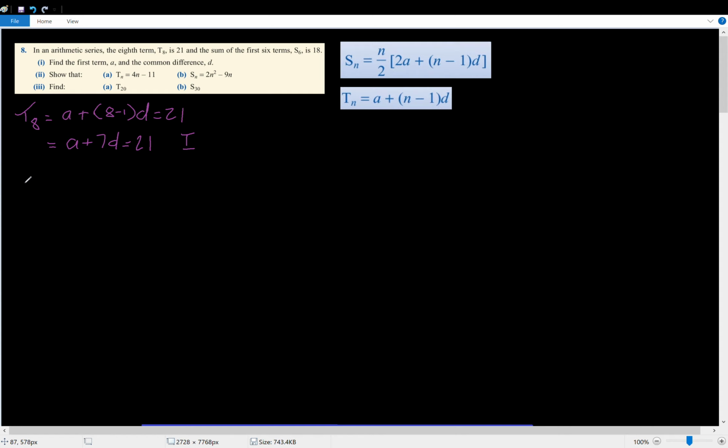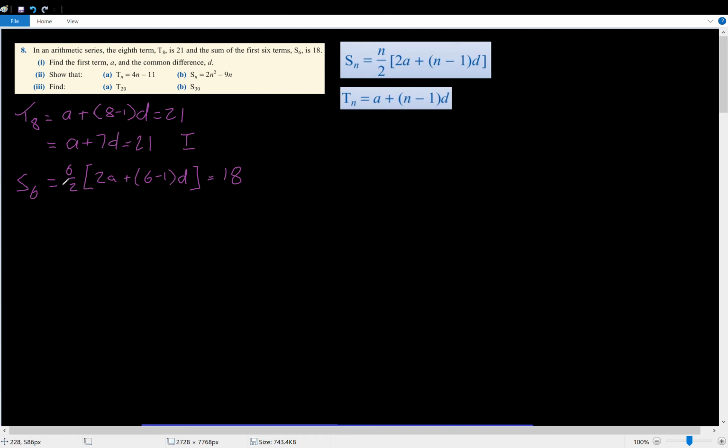Then for our Sn, we're going to go with S6, as that's what's given in the question, and we sub that in. We're going to get 6 over 2 times 2A plus 6 minus 1 times D, and that is equal to 18, like that.